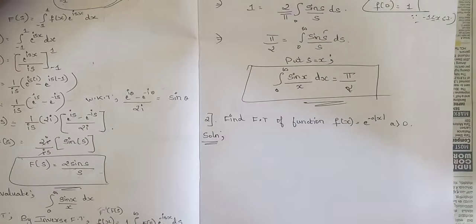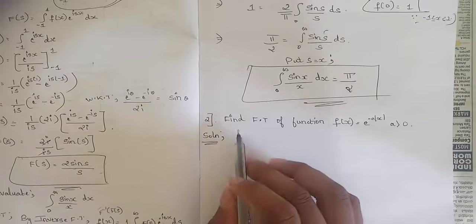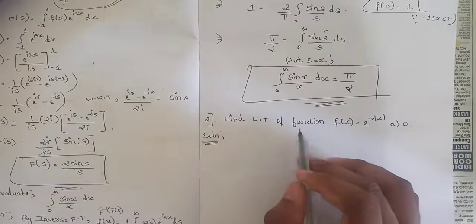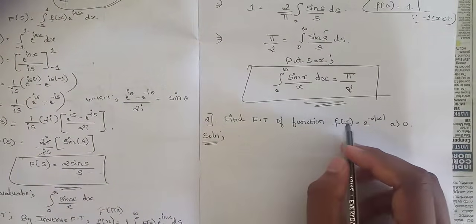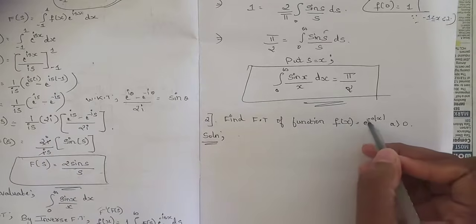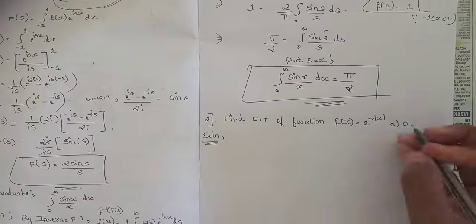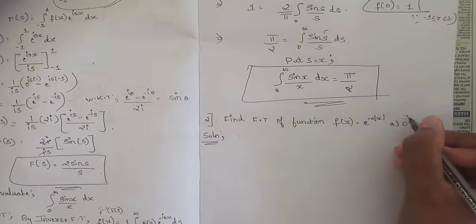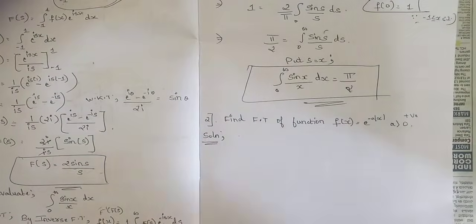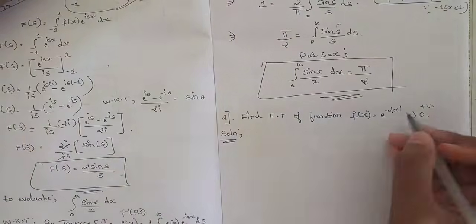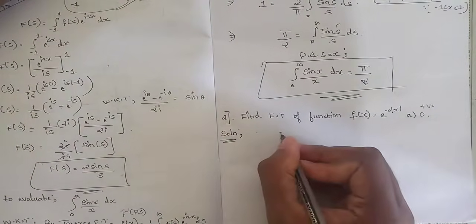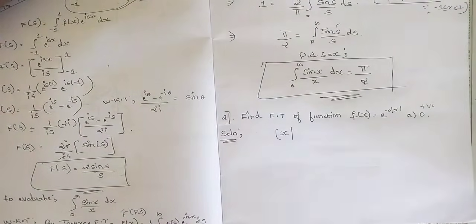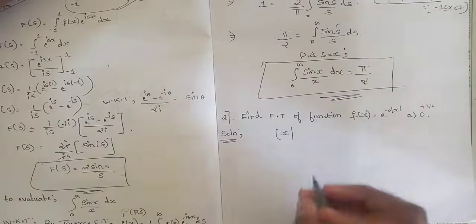So this is the second question of this module, that is we need to find the Fourier transform of the function f of x is equal to e power minus a into mod x, where a is strictly greater than 0, that is the a whatever is there is a positive number. Now in order to solve this we need to know what the function mod x says.